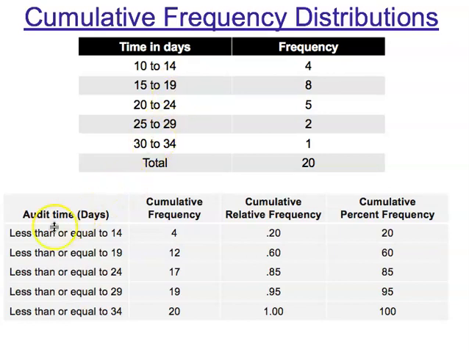For example, if we look at this auditing time, it says less than 14, then we would look at our data. We have 14. So that would essentially be all times up to 14 days. And that's a cumulative frequency of 4.